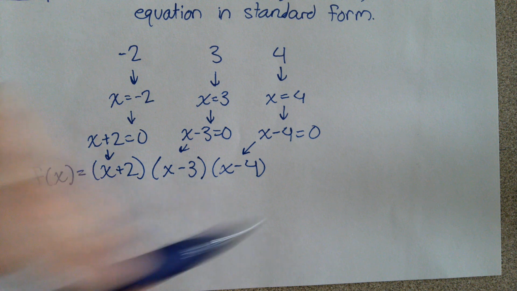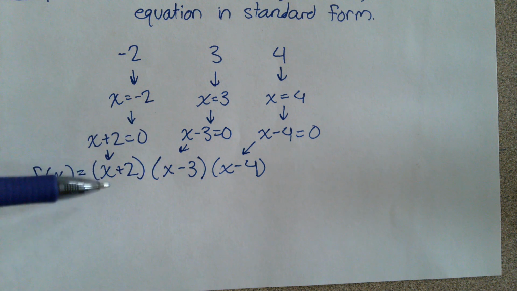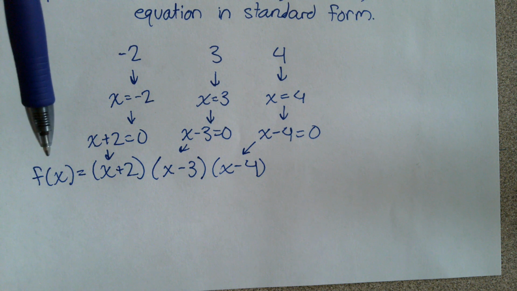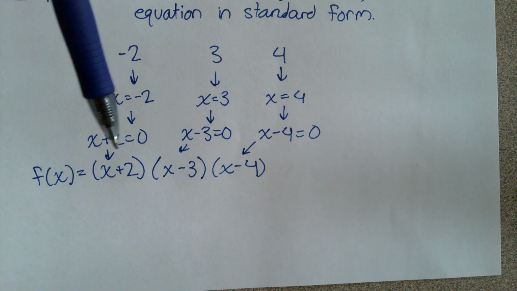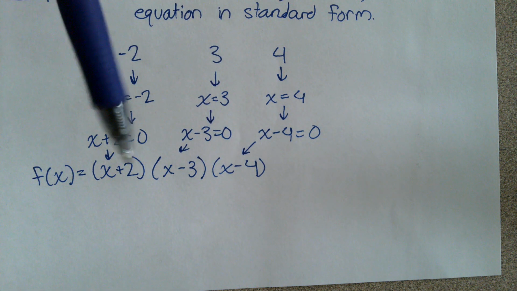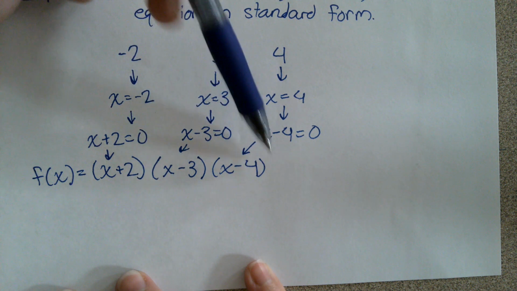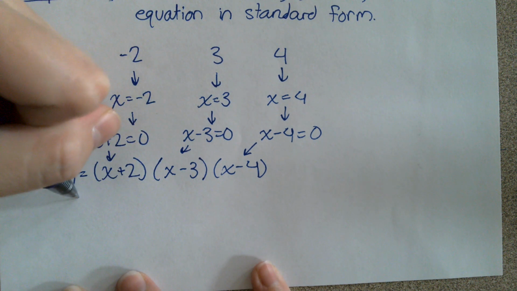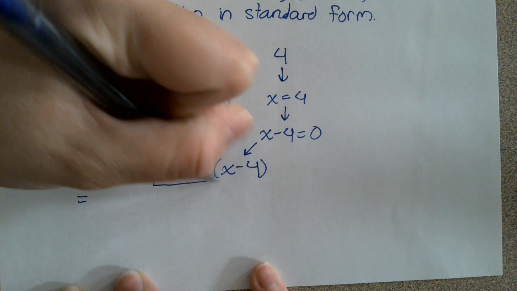Now I have to get this into standard form. I've got 3 different things to multiply. You cannot multiply all 3 of these at one time, so you're going to have to pick 2, multiply them together, and then you'll multiply the last one into the big expression you get. I'm actually going to multiply the back 2 so that this looks more like what you're used to when you're distributing. So I'm going to multiply these 2 first.